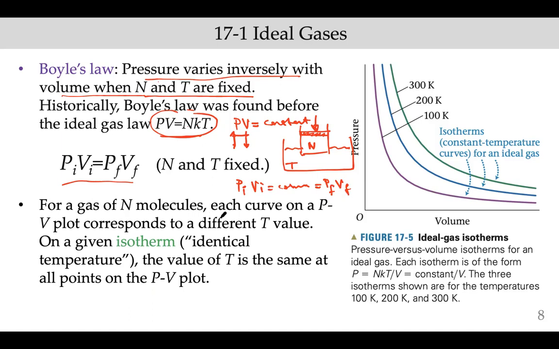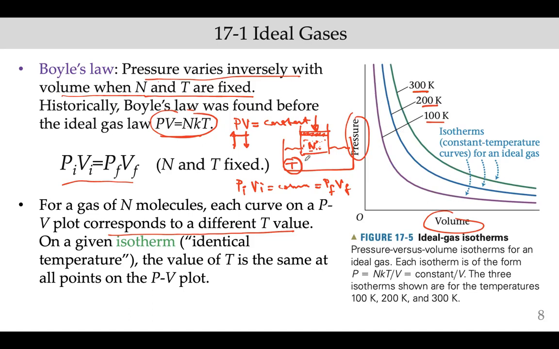So for a gas of N molecules, each curve on a PV plot, which is a pressure versus volume plot, corresponds to a different T value. Depending on the temperature that you want to keep the gas at constant, it could be different temperatures, of course. It's up to you. But for each temperature, there is one curve like this.